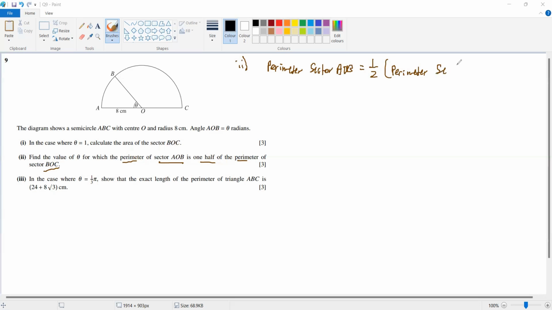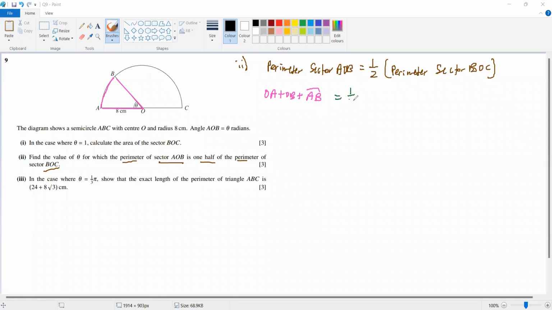of sector BOC. So the sector AOB, if you look at it, the perimeter is just OA plus OB plus AB, but the AB is an arc, this part. Please take note. So this one is the OA and OB, which is the obvious part, the straight line. So this is the perimeter you're talking about. And then let's look at this side, please.